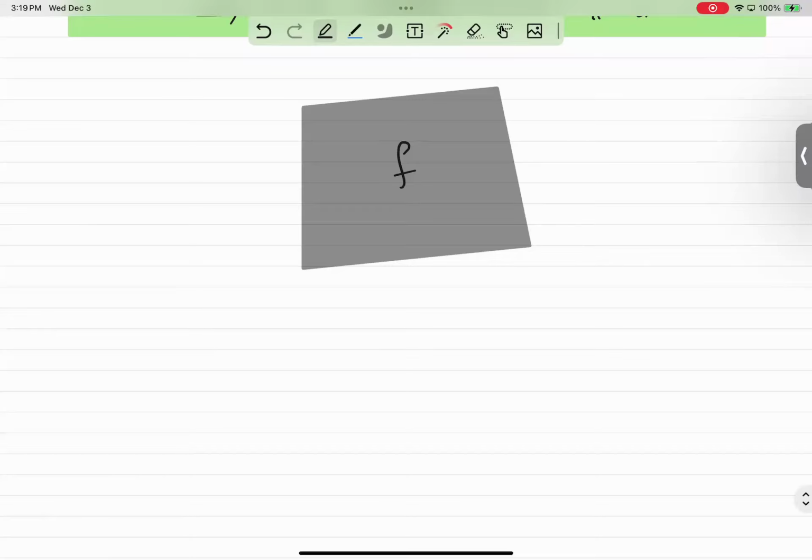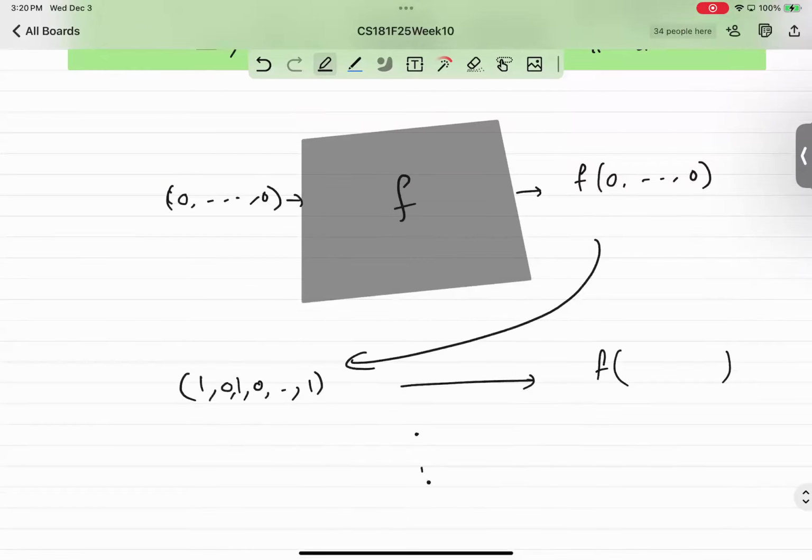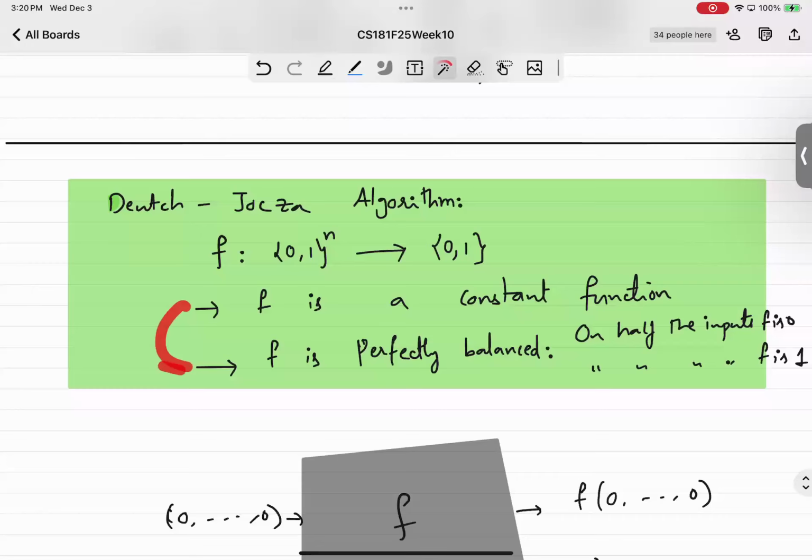For example, here's my first input, 0, 0, 0. I get back f(0,0,0). And then maybe based on that, I decide to ask it on, maybe, 1, 0, 1, or 0, 0, 1. I get some answer, and so on and so forth. Every time I go up to the box and ask for a specific value, I'm paying a cost. So in this world, what do you think is the minimum possible cost to distinguish between these two cases?